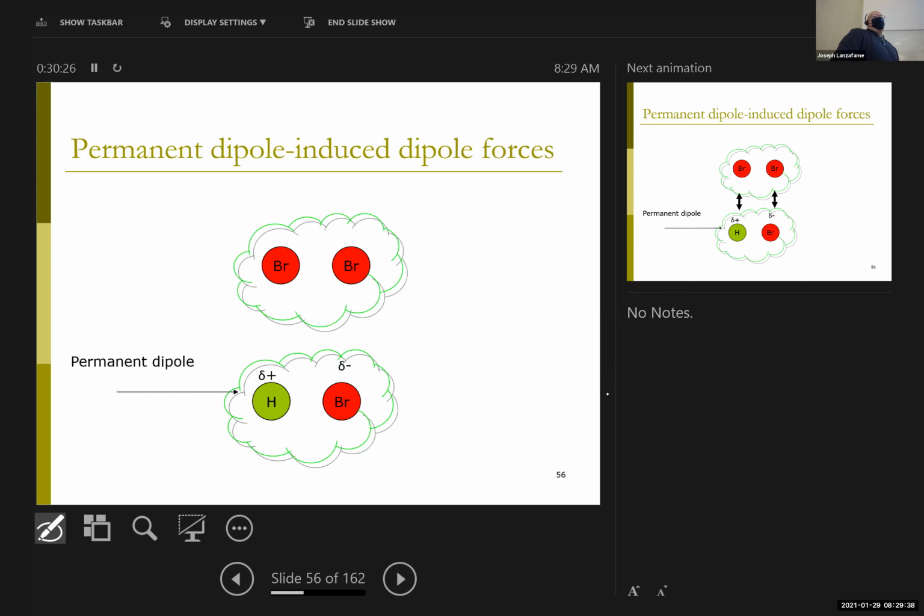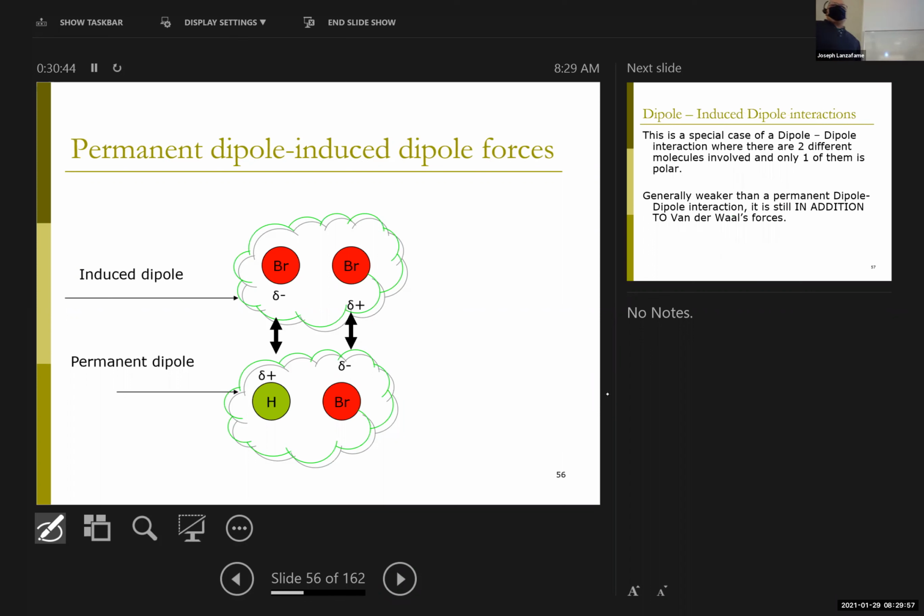It's worth pointing out that in theory, you could mix and match these. Up till now, I kept drawing all the molecules as being pairs of the same molecule. But if I have a nonpolar molecule mixed with a polar molecule, my interactions can also be mixed.